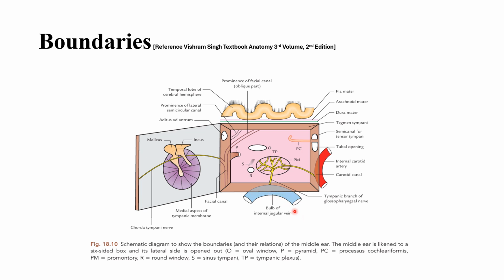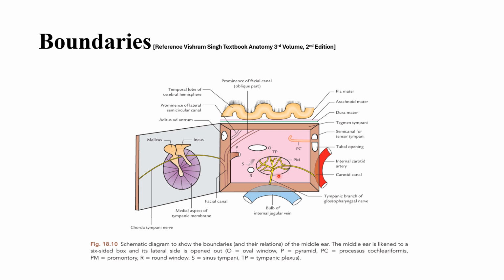It is present just below the floor, and very near it you see this tree-like structure, which is the tympanic branch of the glossopharyngeal nerve. Now this oval structure is called the promontory.